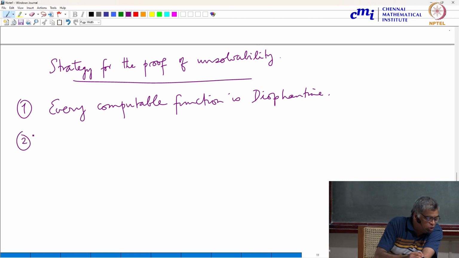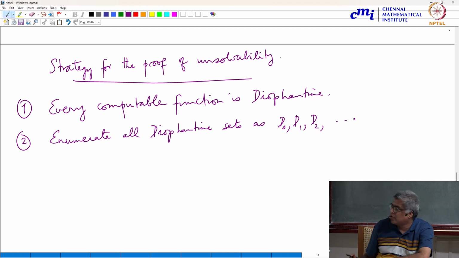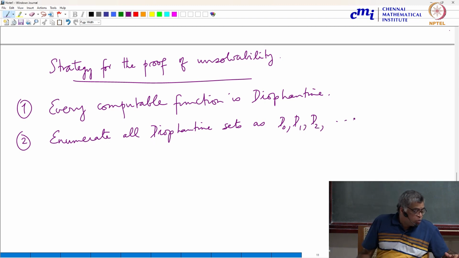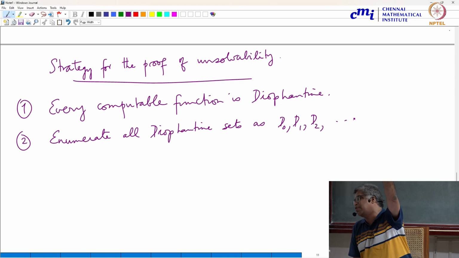Step 2: enumerate all Diophantine sets as D0, D1, D2, etc. You can say that I can always enumerate because what is involved in a Diophantine set, I just need a polynomial equation.